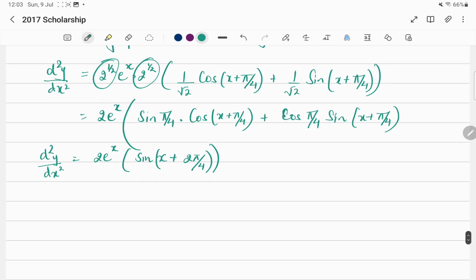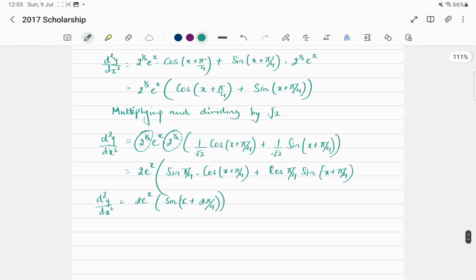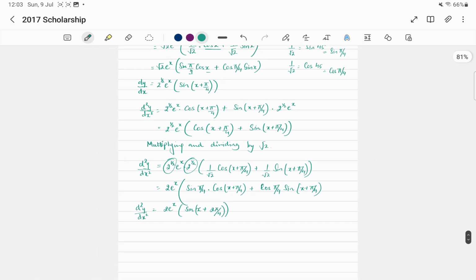Now if we have to generalize, we look at dy over dx and d2y over dx squared and see if we can create a pattern. So we have dy over dx, d2y over dx squared, dny over dx to the power of n.